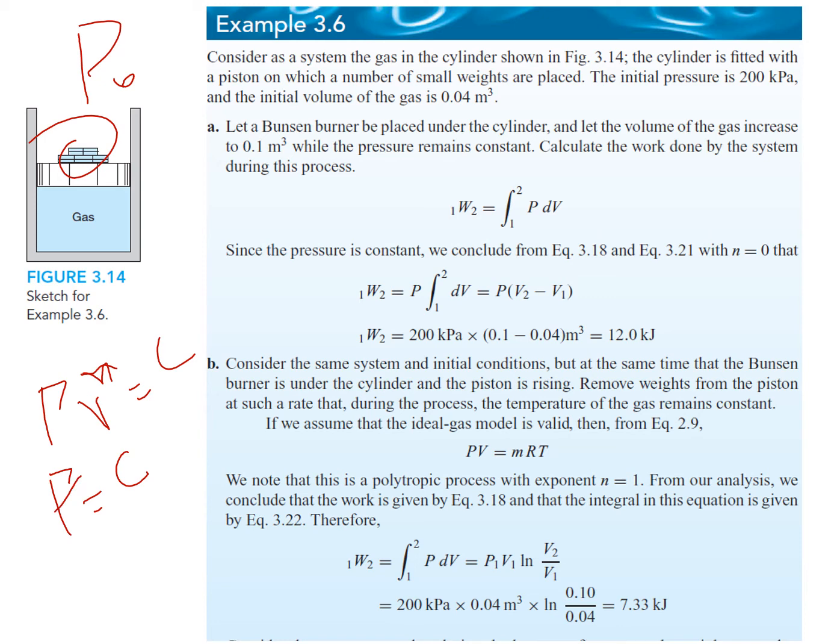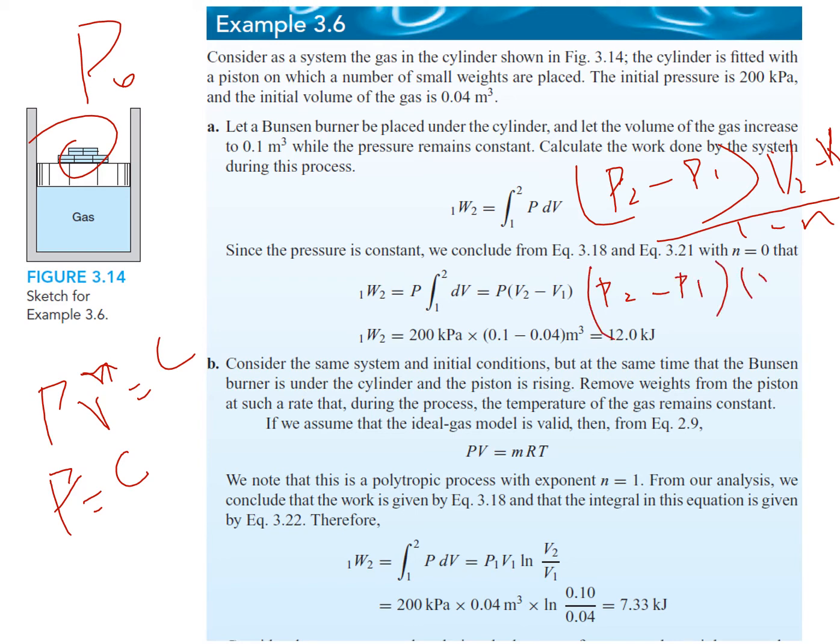For n is equal to 0, we have the formula P2 minus P1 into V2 minus V1 divided by 1 minus n. So n is equal to 0, and it comes out P2 minus P1 into V2 minus V1.